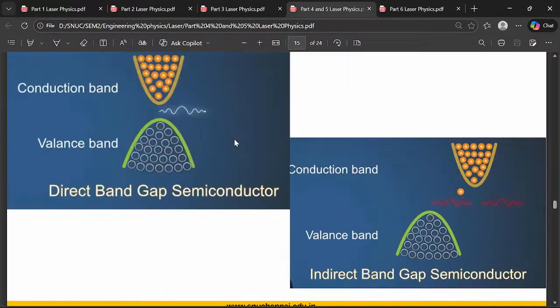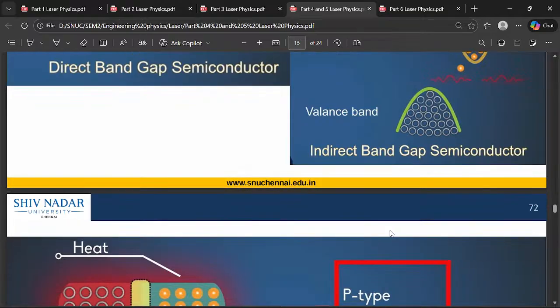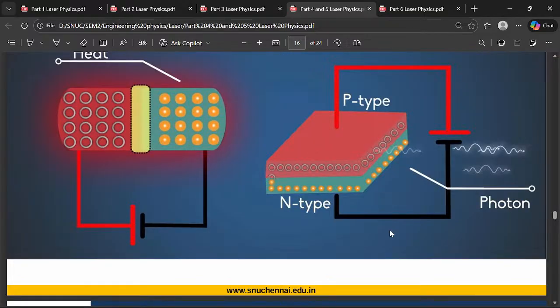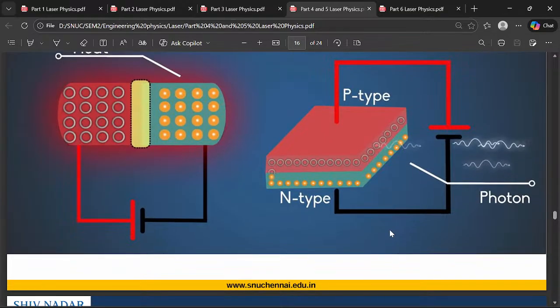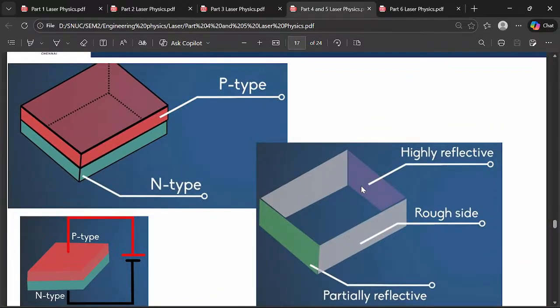In direct band gap, the conduction band and valence band are at the same momentum, but here in indirect they are at different momentum. That's not necessarily required here. Here P type and N type are given in a semiconductor.